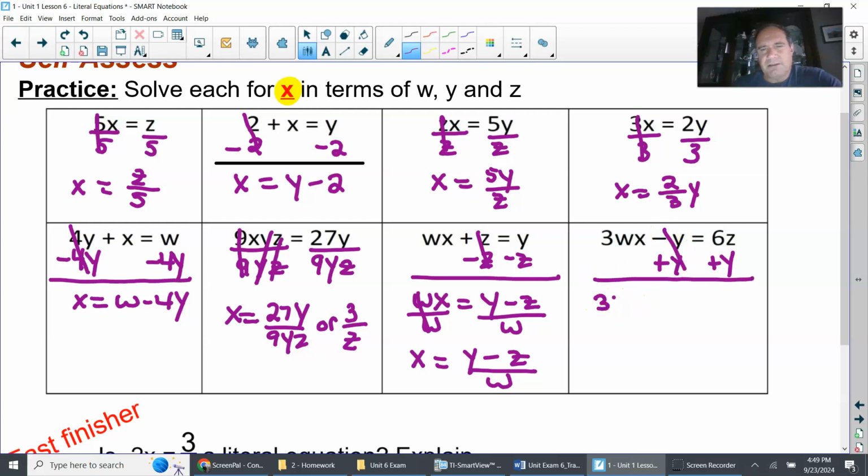You have 3wx equals 6z plus y. So just remember, we're going to divide because all of this is attached by multiplication. We're dividing by a 3w only because, again, the opposite of multiplication is division.